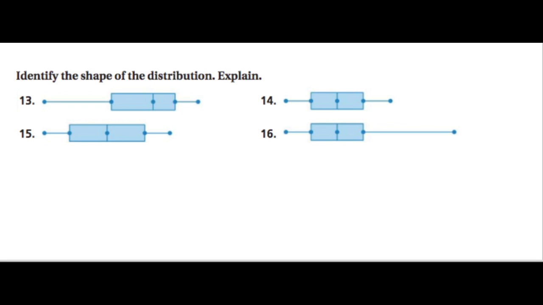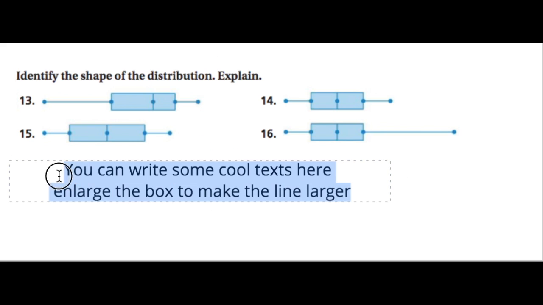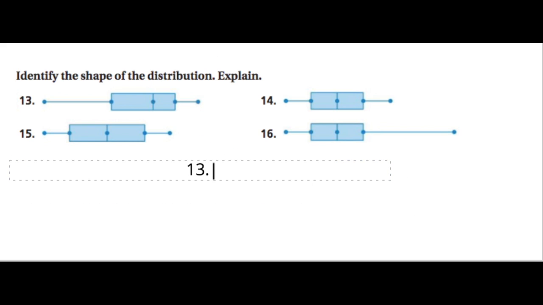For 13, I want to know where the majority of my data is. The majority of my data is to the right, meaning my tail is to the left. So I can conclude that number 13 is left skewed. This is a little different because on histograms I explained it in a different way, but here it's skewed the opposite direction of where most of the data is.